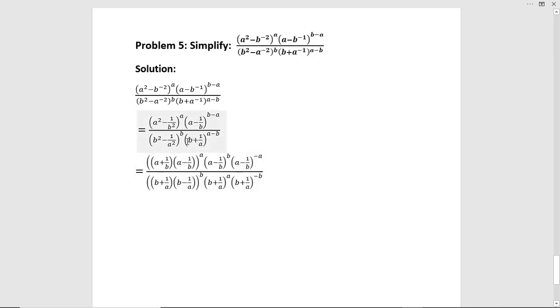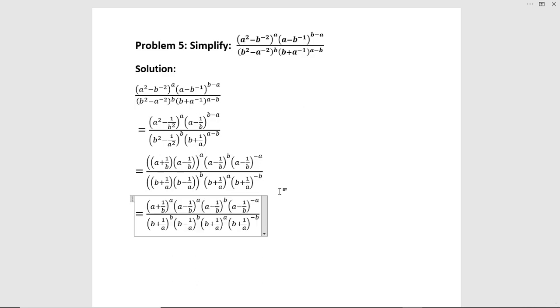Also for the denominator, b plus 1 by a whole to the power a minus b, that is b plus 1 by a to the power a into b plus 1 by a to the power minus b. Now what is the next line?